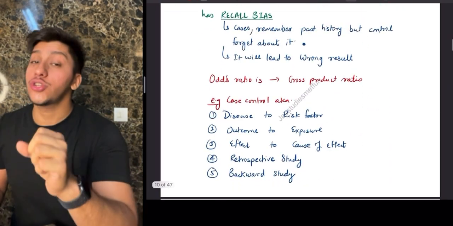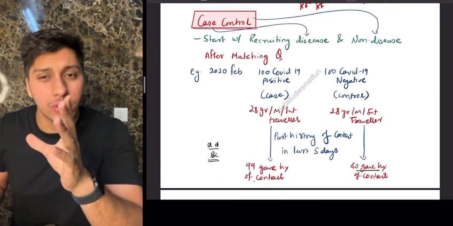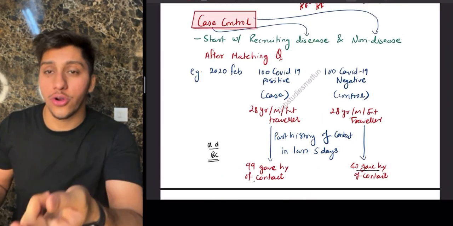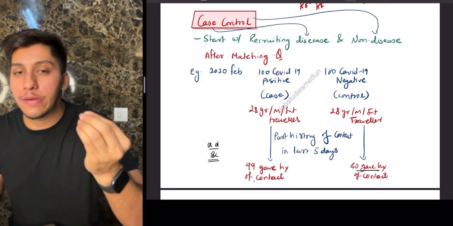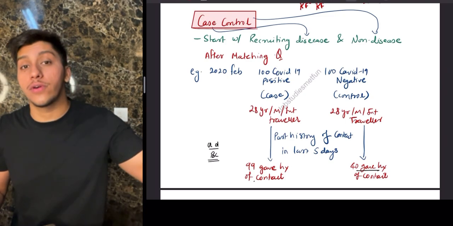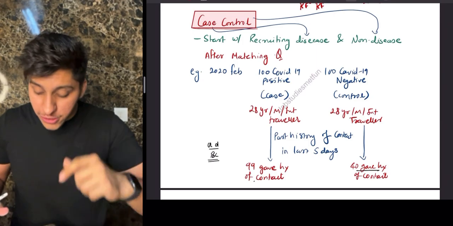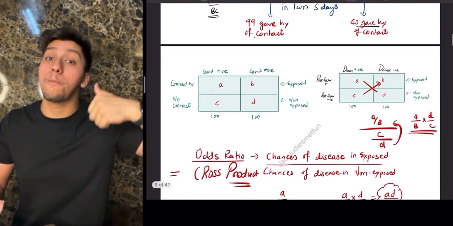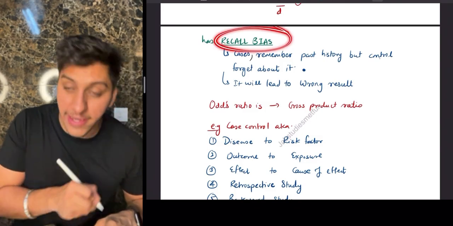Now, what is the issue with cross product? In this example, I took 100 COVID cases and 100 non-COVID cases, and then I asked them, tell me in the last 5 days how many people you met. Practically, you cannot remember everyone. If you are a busy person, you will meet 1,000 people, so you cannot remember everyone, right? That is why in case control, because we have to go back into the past, there is a bias known as recall bias.